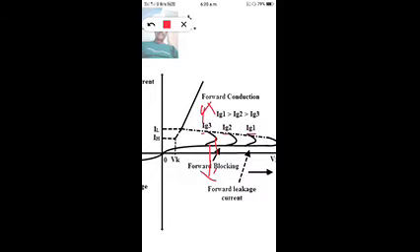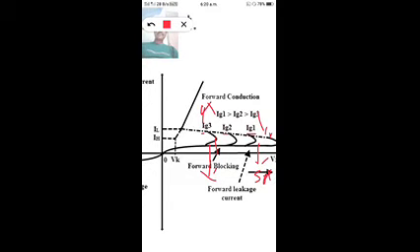Here, this is the breakover voltage for Ig1. Let us say 30 volts, if Ig1 is 1 milliampere.